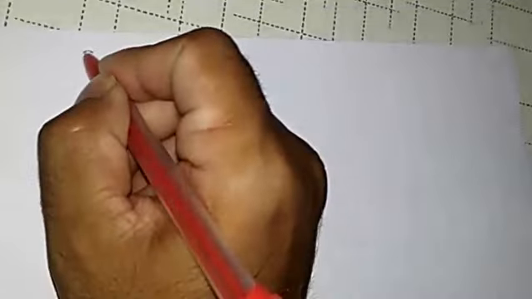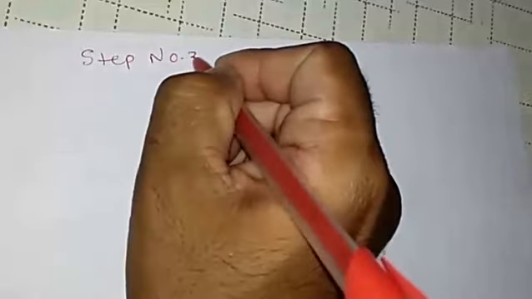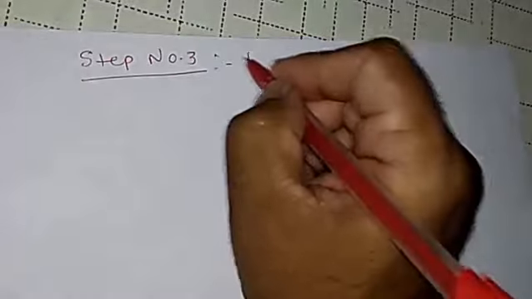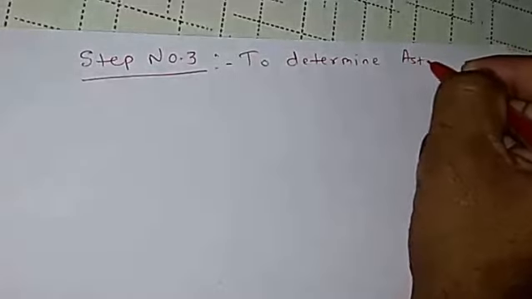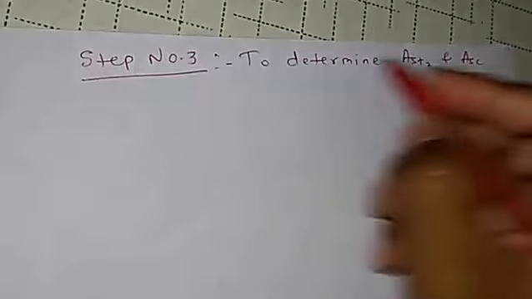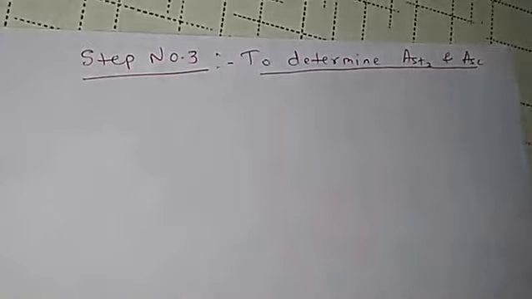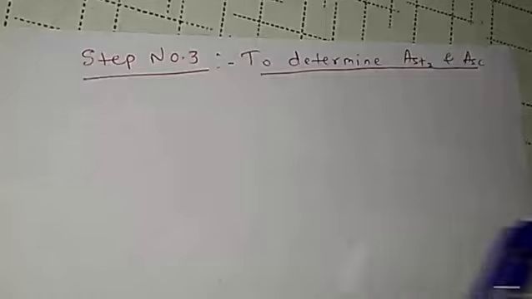Now we'll go ahead with the calculation of step number 3, that is to determine Ast2 and Asc. We are going to use the formula again from the same page number 96. We got here total Ast equals Ast1 plus Ast2.